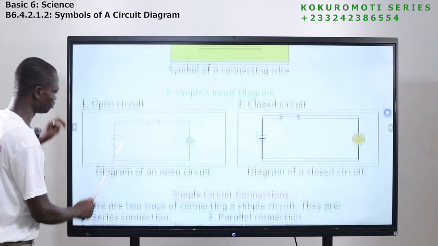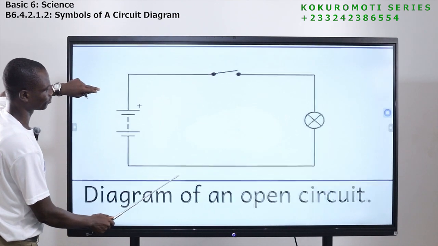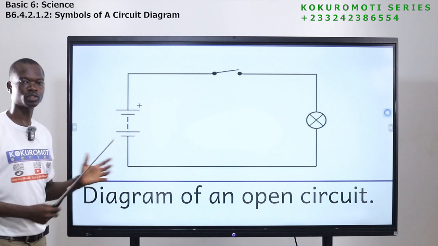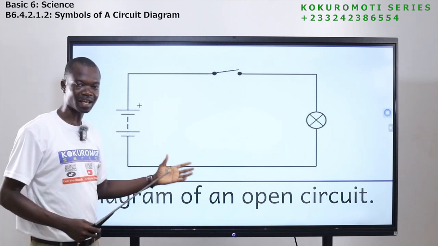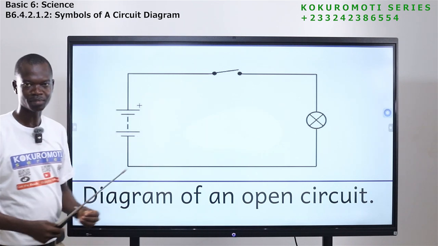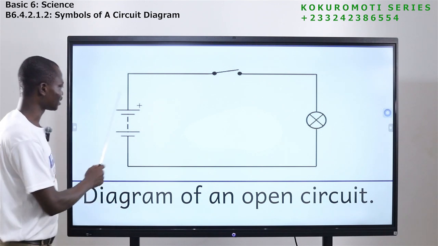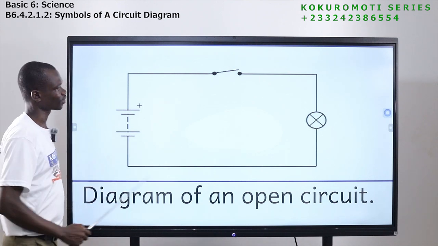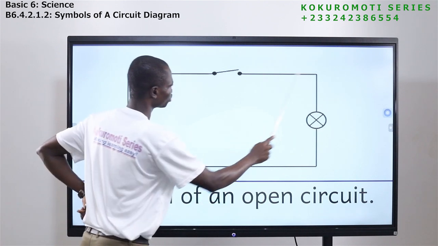This is also a symbol. Let me enlarge it. That is why we call it an electric circuit diagram: all the components are represented by symbols. So look at this symbol, and this symbol, and then this one.